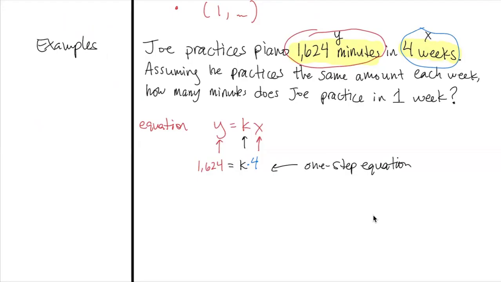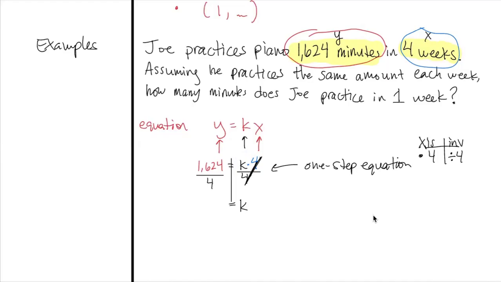Draw a line down the equal sign. What's happening to my k? I'm multiplying by 4. So we have to do the inverse. If I'm multiplying by 4, the inverse would be to divide by 4 on both sides. So those cancel out.